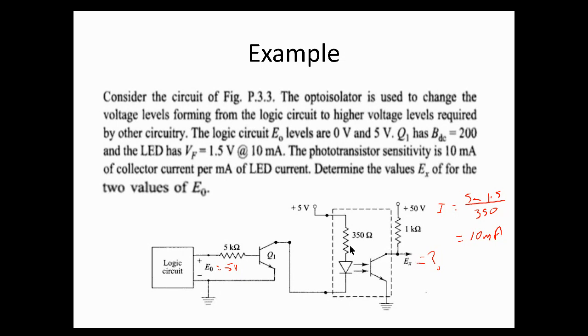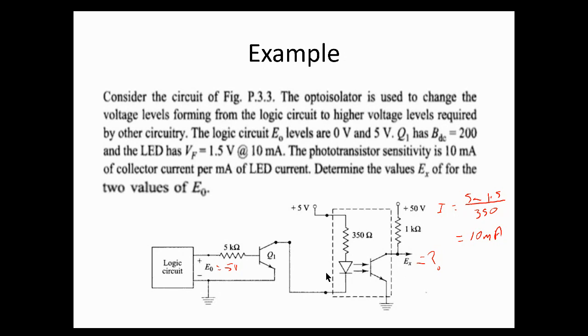How about when the switch turns off? When we have 0, basically this is off, no light shining onto the diode, so this transistor is off. You measure across here, what would be the voltage? 50, sir.